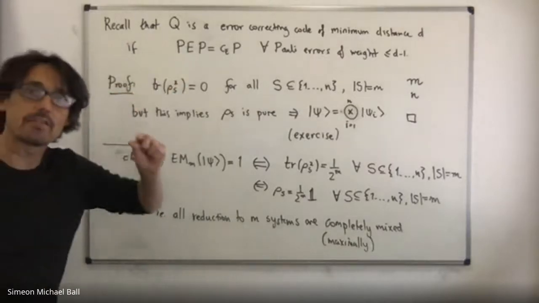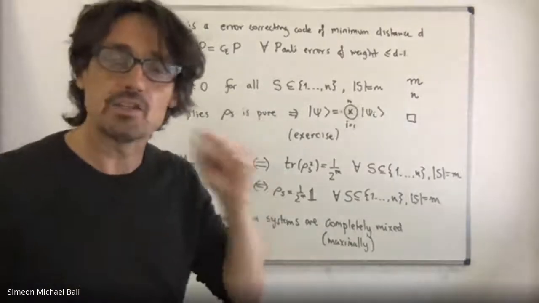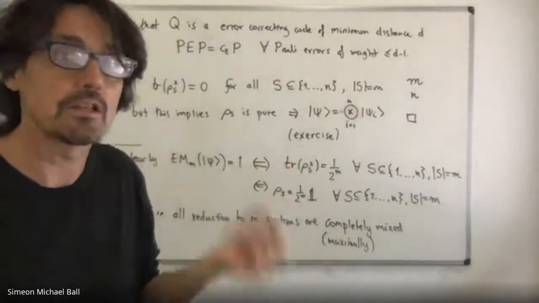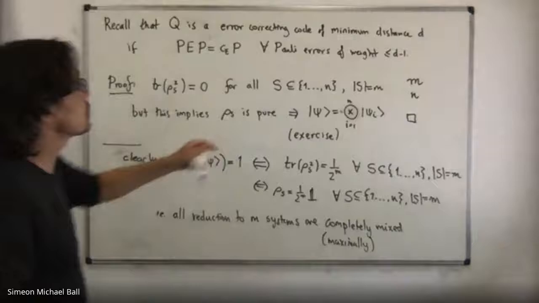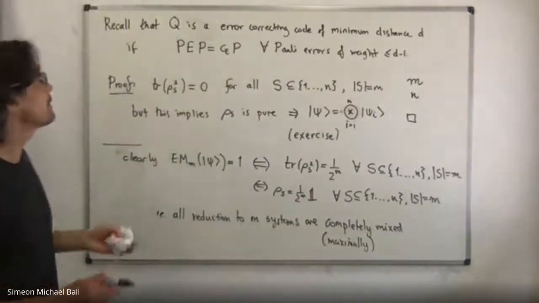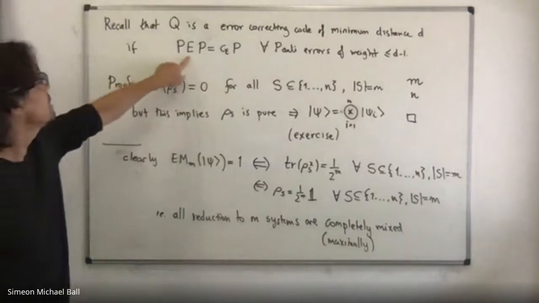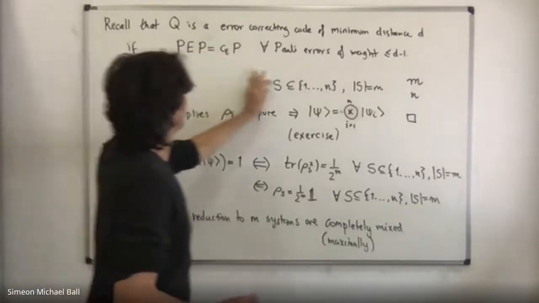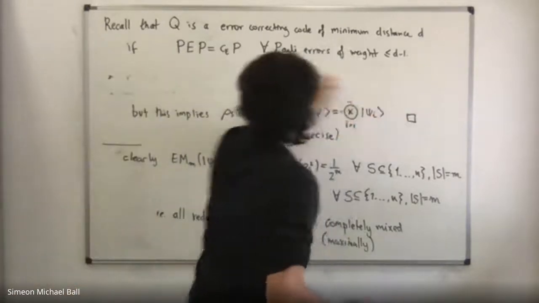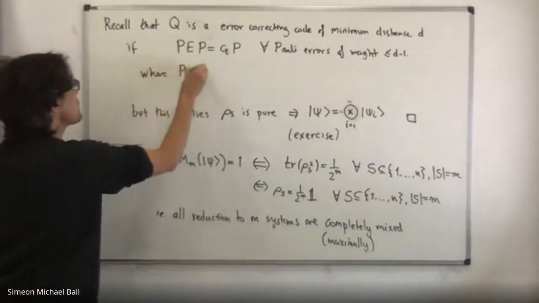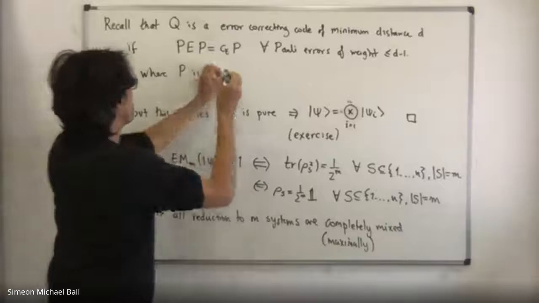Here I'm putting together the E_i dagger E_j as one error because I'm just talking about the weight. I'm not talking about correctable, I'm just talking about the definition of what the minimum distance meant for an error correcting code: P times the correctable errors times P is c times P, where P is the projector onto the code.